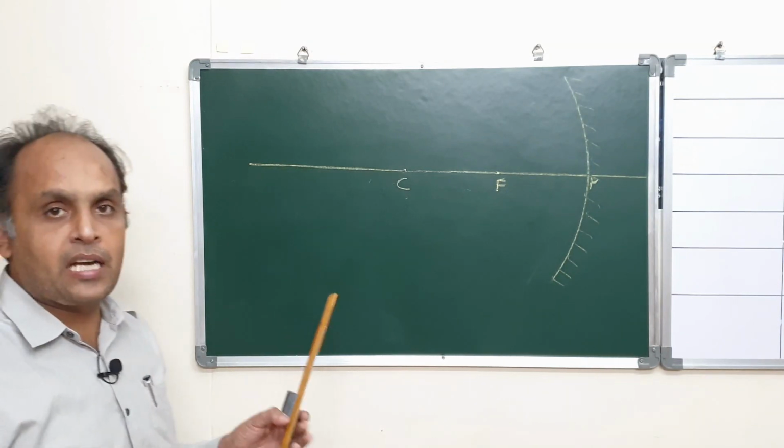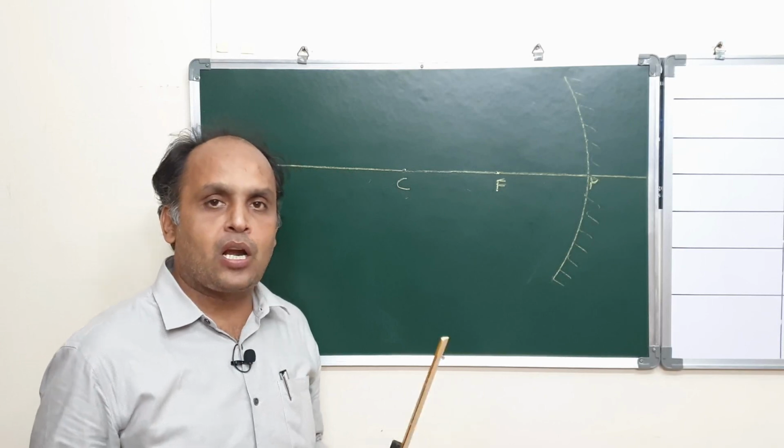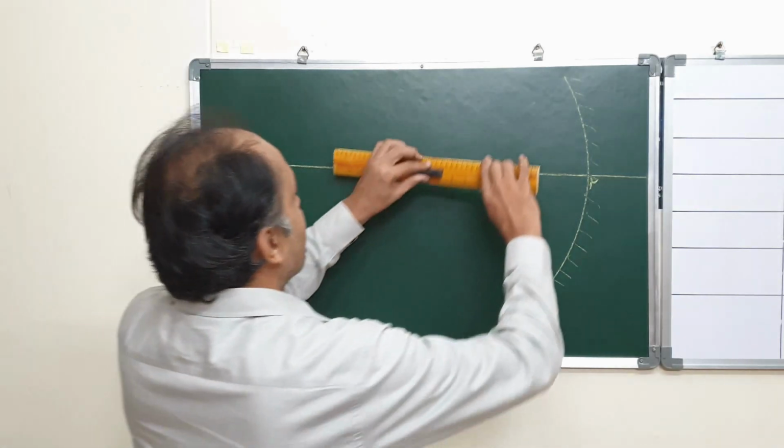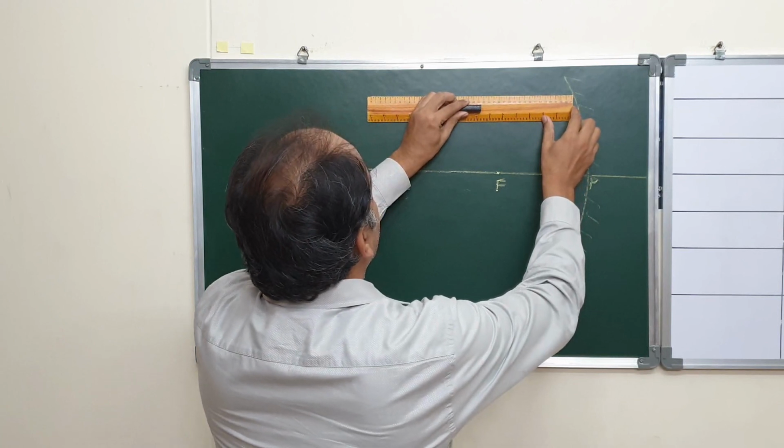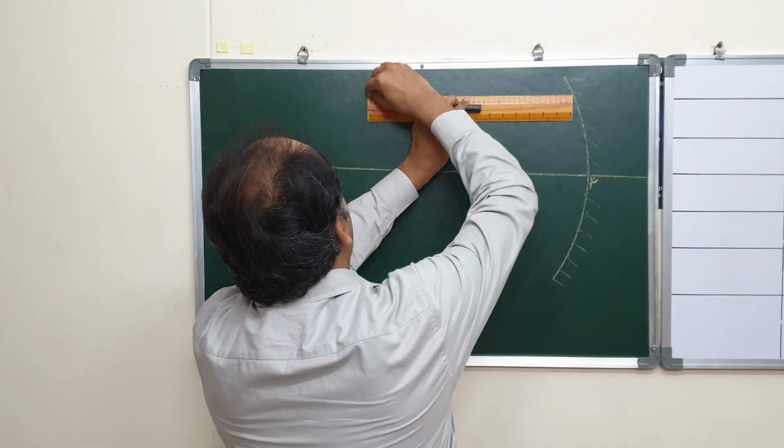So the rays of light come parallel to the principal axis and also parallel to one another. So we will be drawing rays of light parallel to the principal axis and parallel to one another as well.